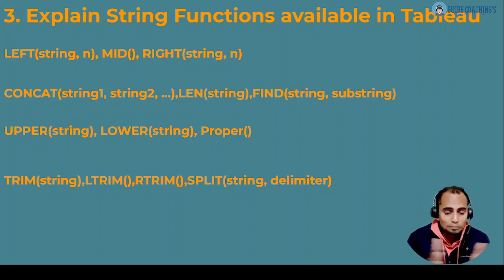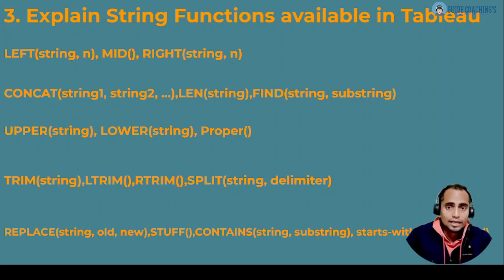If you want to split the characters in a string, you have certain words which are separated by spaces or by hyphens. Then at that time you will write the string, you will write the delimiter, and you will give the token number, to give the position like what exactly you want.